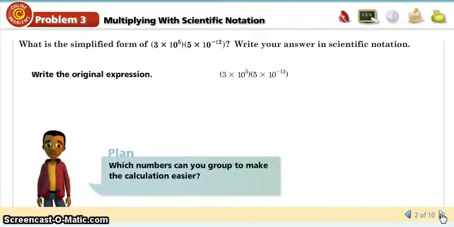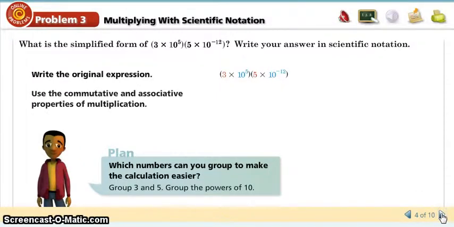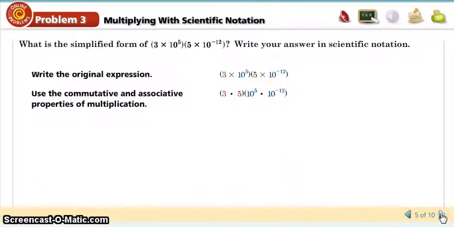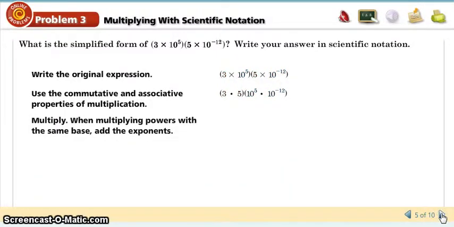Which numbers can you group to make the calculation easier? Again, look for the common components. Group 3 and 5. Group the powers of 10. Use the commutative and associative properties of multiplication. Multiply.